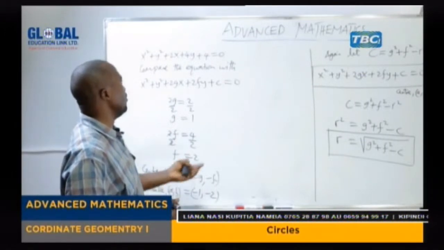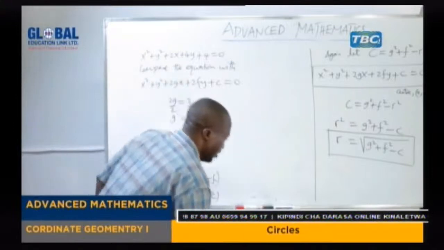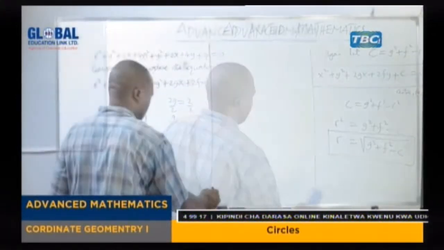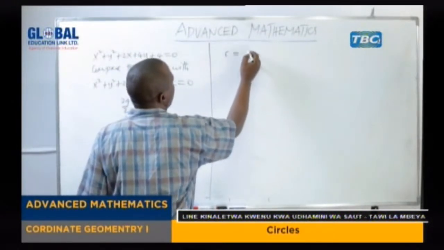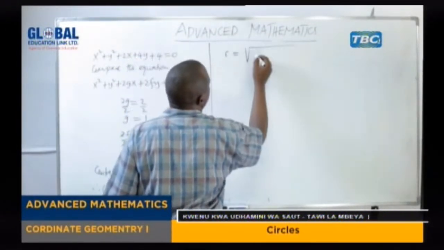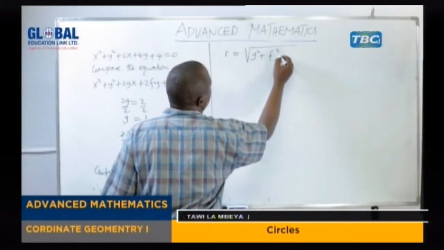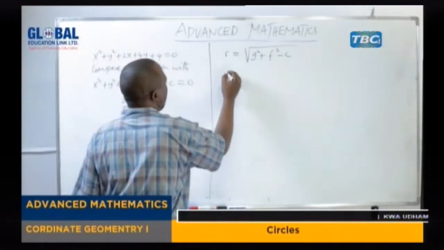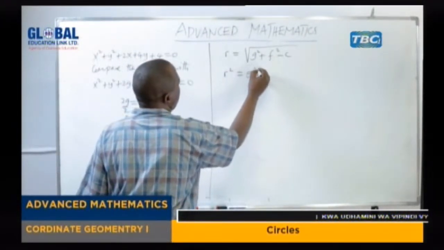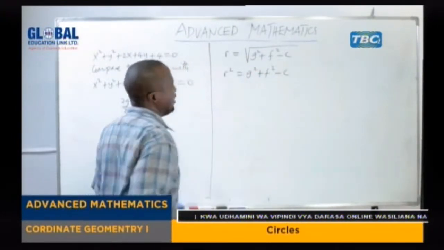Again, it is possible to find the c. Remember, r is equal to the square root of g squared plus f squared minus c. So r squared is equal to g squared plus f squared minus c.